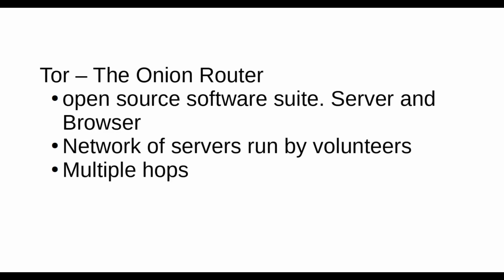The objective with Tor, the Onion Router, the onion part of that is that it consists of multiple hops. Your traffic goes from one Tor server to another server over and over, and thus, in theory, provides a layer of anonymous access and some measure of security. So that's what the Tor software suite is about.